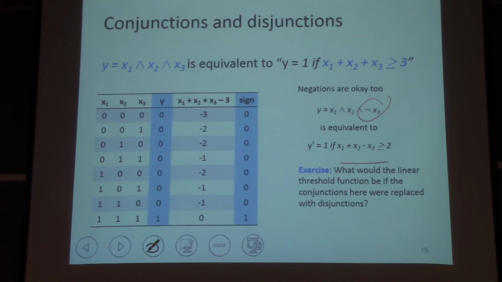Another exercise: take the same function, replace all the ands with ors, and try to figure out a linear threshold unit that represents the same function. Any questions about conjunctions and disjunctions? By the way, this is proof by example, but this statement can be generalized and it's true for all conjunctions and disjunctions. Questions?